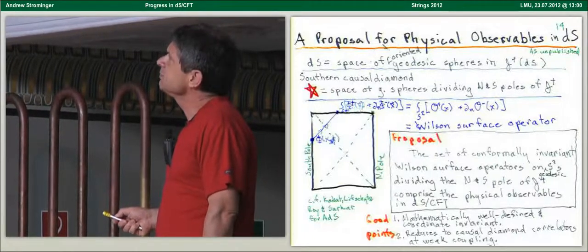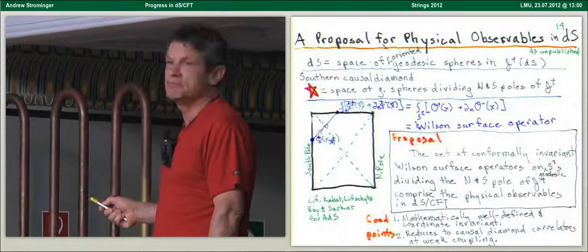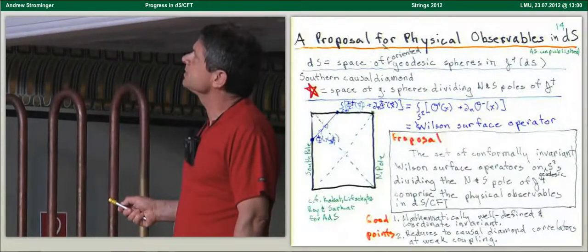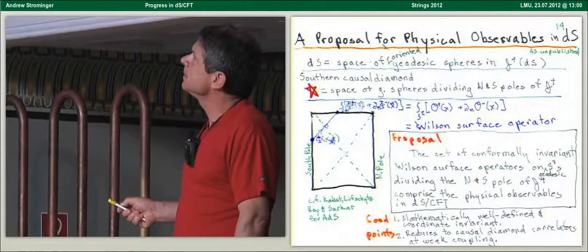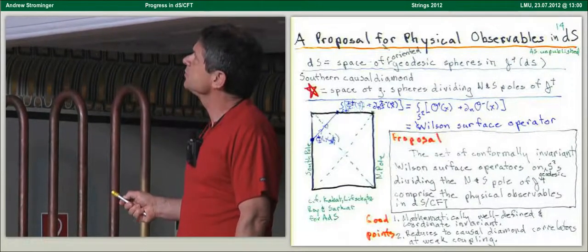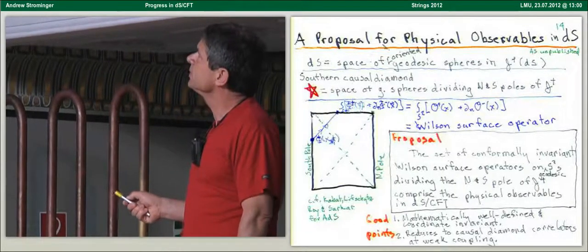This kind of thing was done in AdS by people who wrote bulk operators in terms of boundary operators. But in Vasiliev gravity, it's particularly simple. The operator at a point here becomes a Wilson surface operator of operators in the dual conformal field theory.